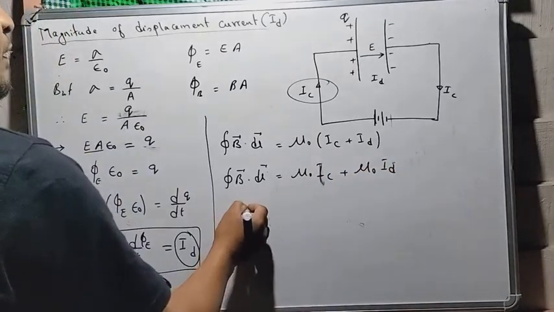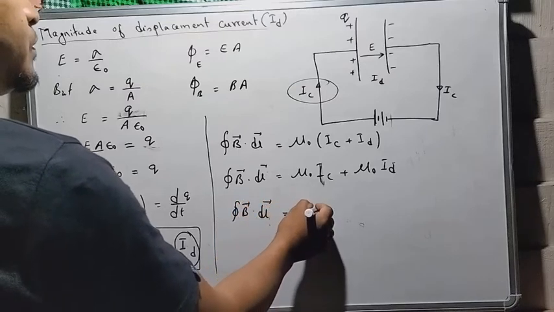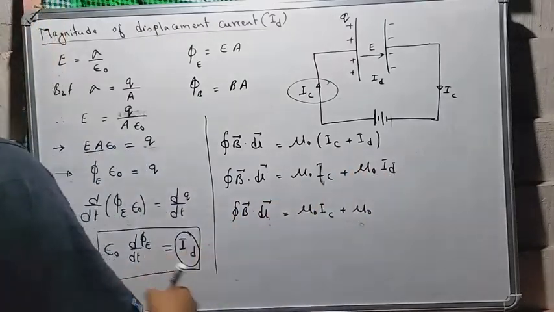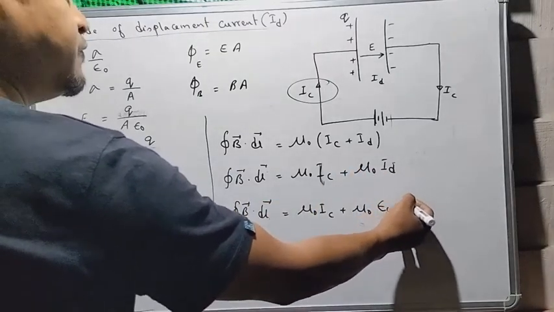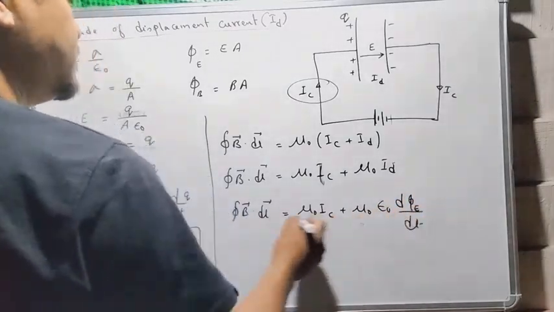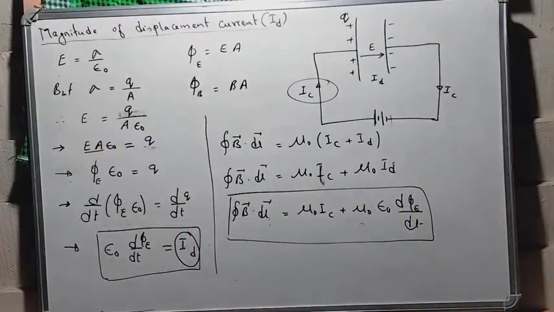The line integral of the magnetic field around any closed loop is then, putting I_D equal to epsilon naught d phi E upon dt, the final modified form of Ampere's equation.